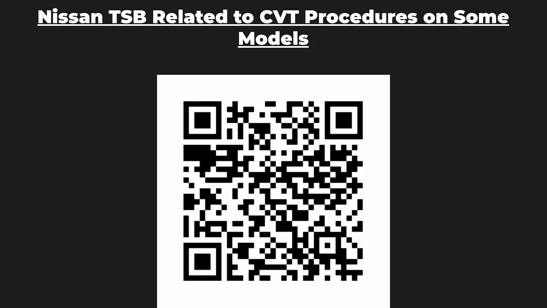So here is an example of a Nissan Technical Service Bulletin outlining CVT procedures on a specific group of models. So you can hit this code with your phone, and then you'll be able to look at the entire Technical Service Bulletin. Of course, you can find a number of Technical Service Bulletins in whatever service information resource that you subscribe to, or if you purchase access to an aftermarket resource that holds all of the Technical Service Bulletins.